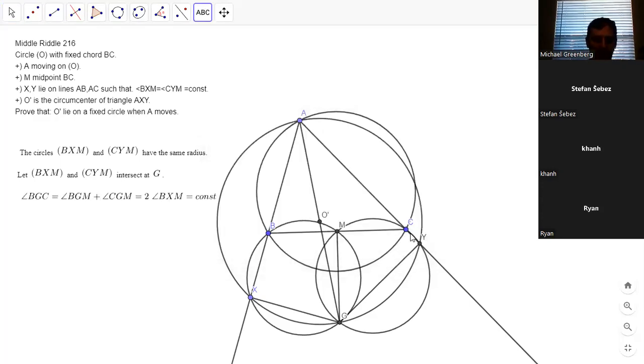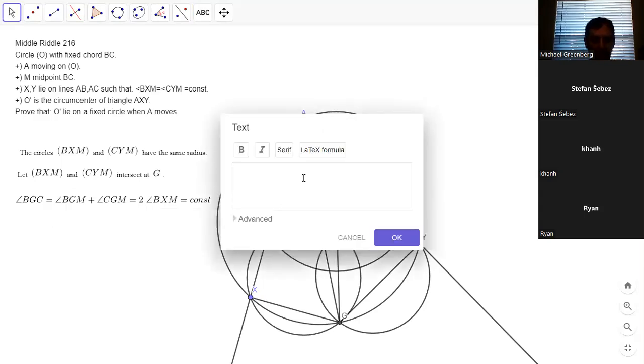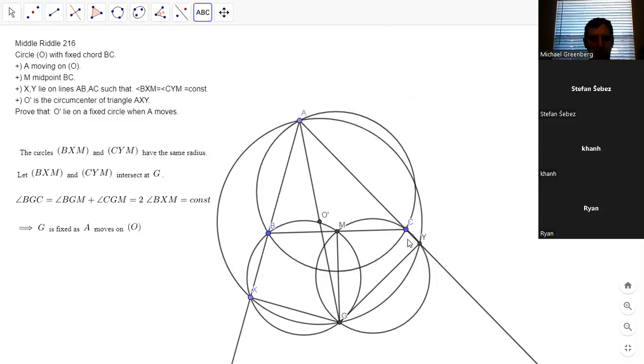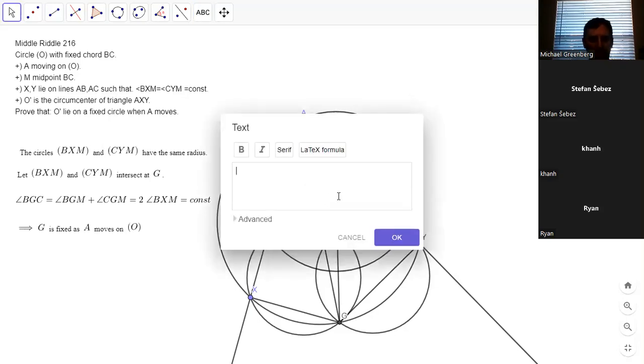And so this implies G is fixed as A moves. Oh. So O prime, trace it. So O prime is the midpoint of AG.